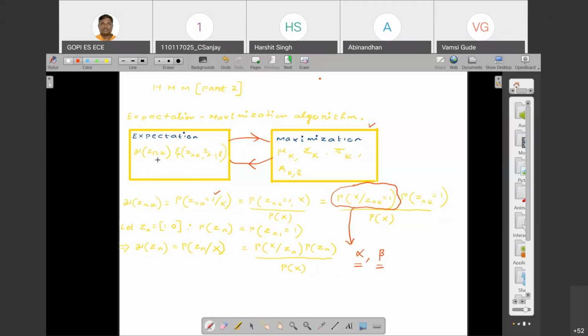And now, to get this gamma and zeta, we are introducing another two parameters called alpha and beta. I will tell you what those are. Alpha and beta help to get gamma and zeta by using what we call the forward backward algorithm, a prediction algorithm, otherwise called the Baum-Welch algorithm.